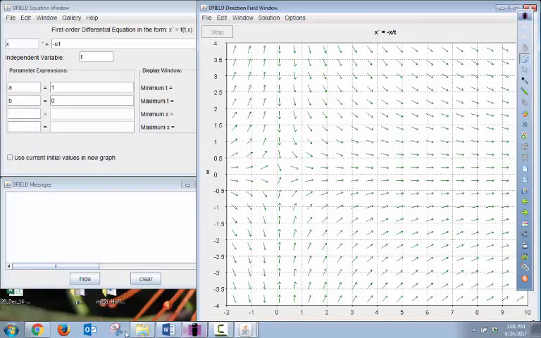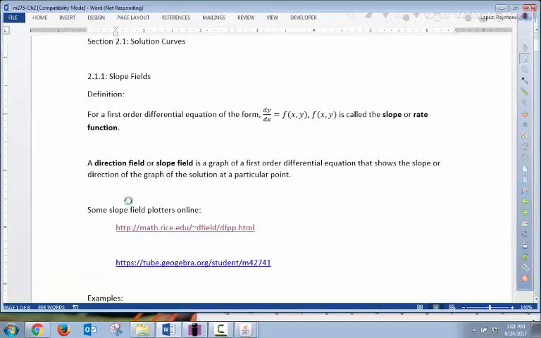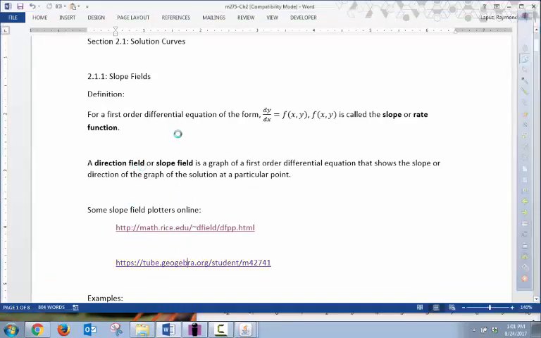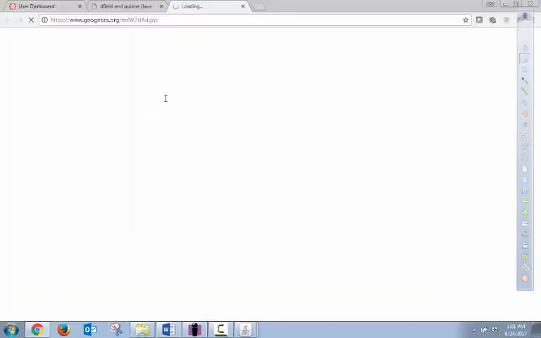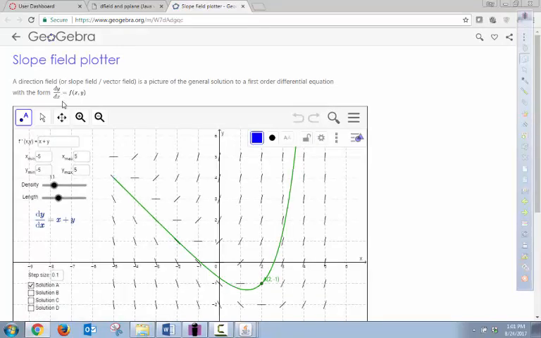The other slope field that I wanted to show you was from GeoGebra. And it's the same idea. You punch in your equation. Remember that dy dx has to be solved for. It has to be by itself. And some programs, if they're nice enough, have a blank field for you to just type in your equation where dy dx has already been solved for.